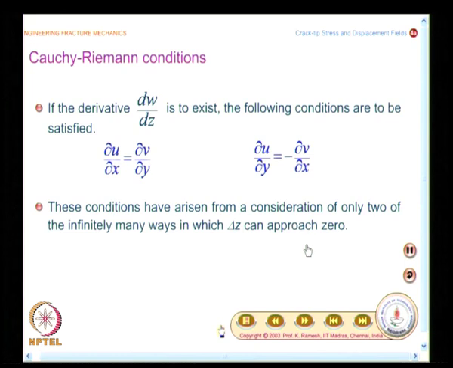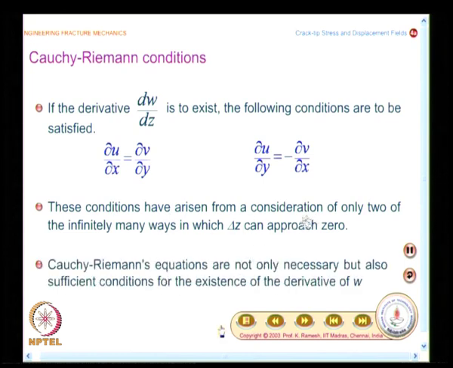And the final conclusion is, though I have looked at only two of the many possible ways, the conditions that we have arrived at are not only necessary, but also sufficient conditions for the existence of the derivative of w.